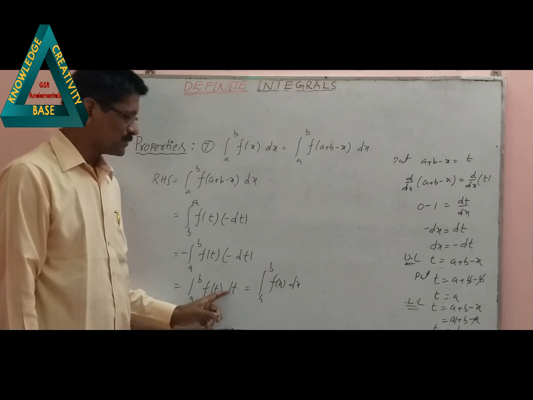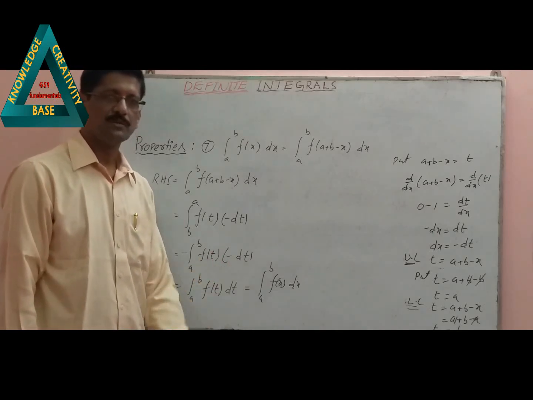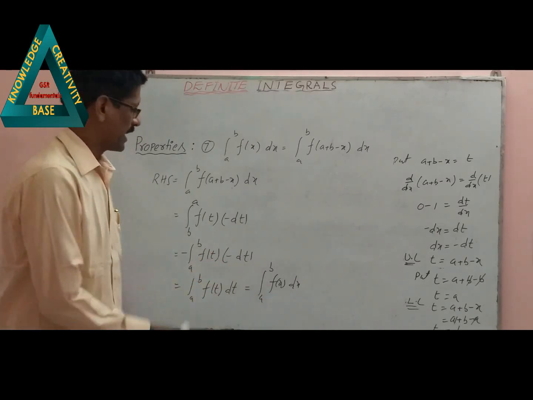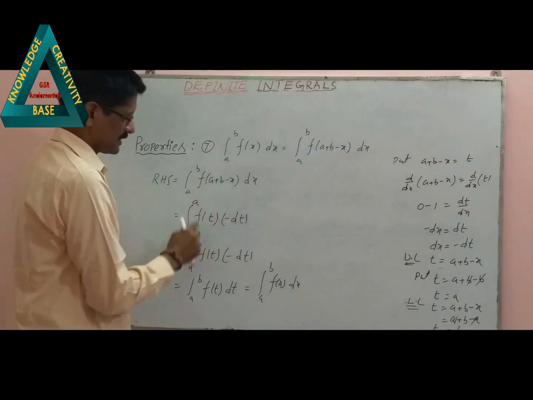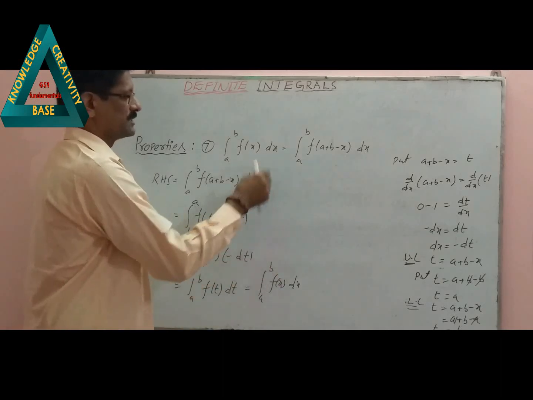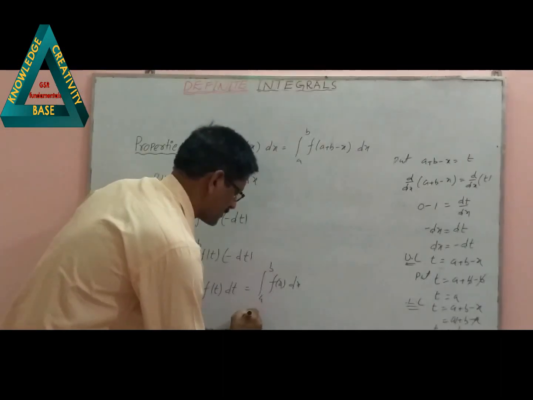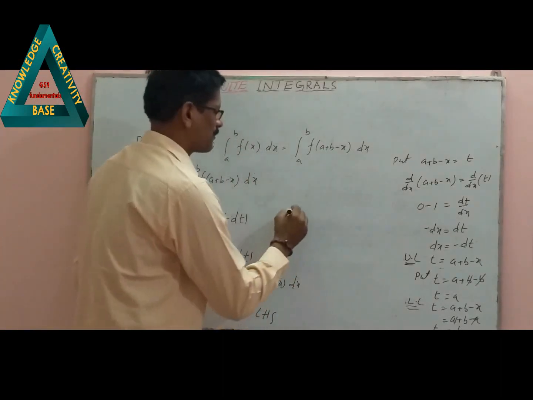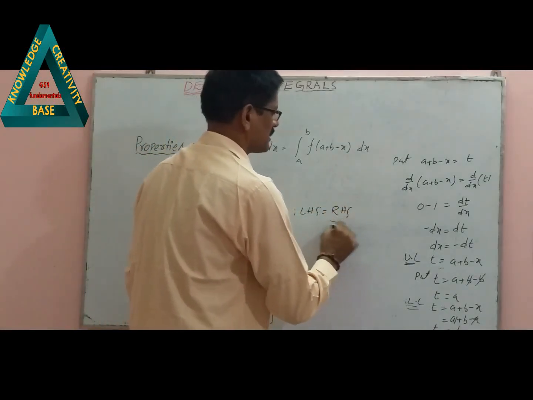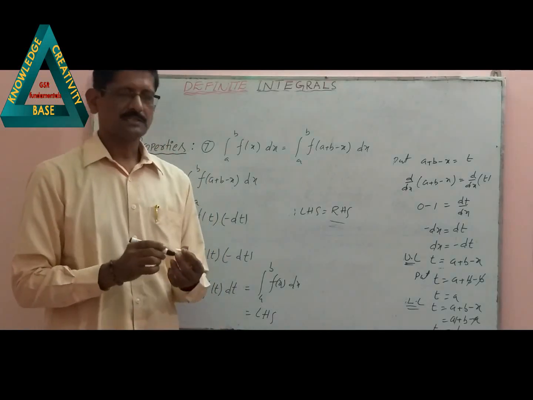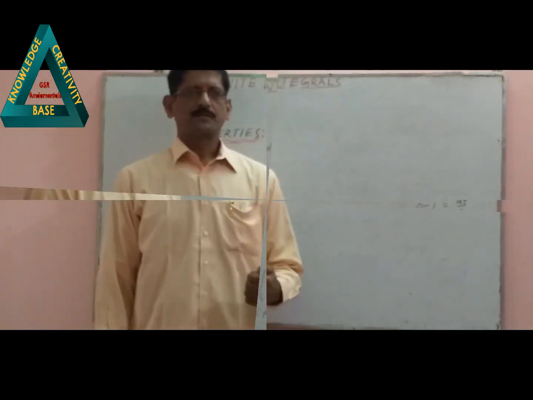Here if there is a t variable, you can write an x variable, a z variable, any variable. Hence RHS integral a to b f of a plus b minus x dx is equal to integral a to b f of x dx, that equals LHS. Therefore LHS is equal to RHS. Hence the proof is over.